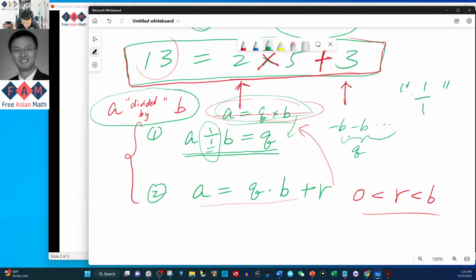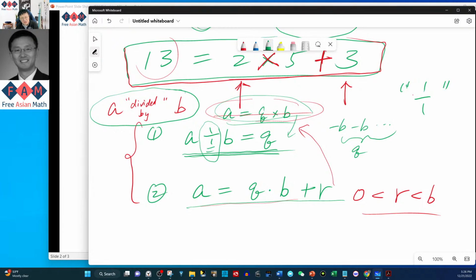Therefore, we have to put this constraint there. So if this constraint is not met, we have to go with a separate second operation, and that is called division with remainders.